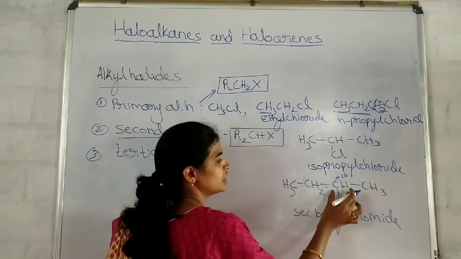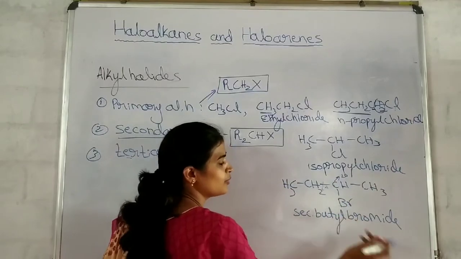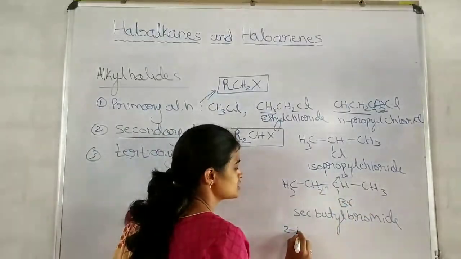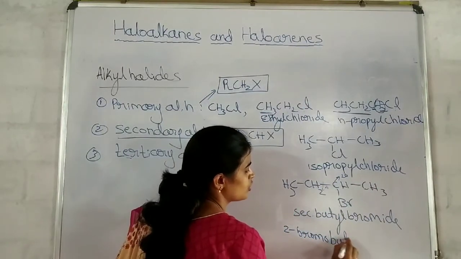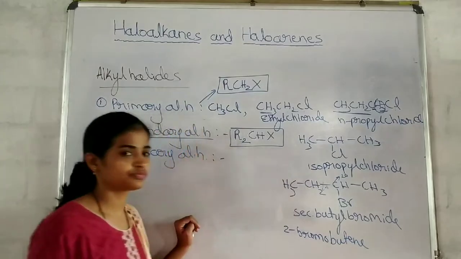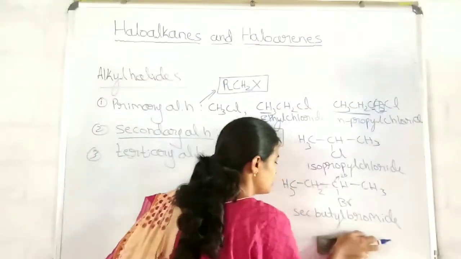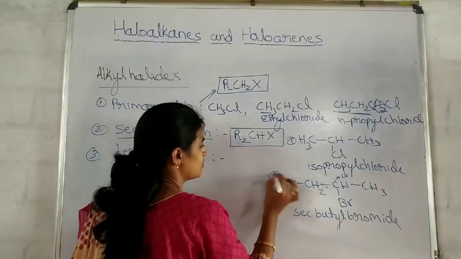Secondary. Therefore, secondary butyl bromide. Its IUPAC name will be different: numbering 1, 2, 3, 4, it will be 2-bromobutane. But the common name is secondary butyl bromide. Example number 1, example number 2.